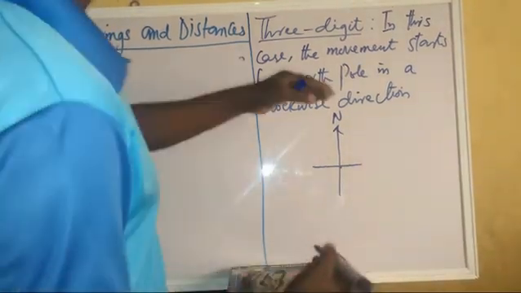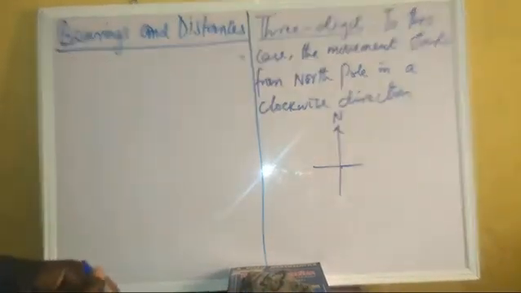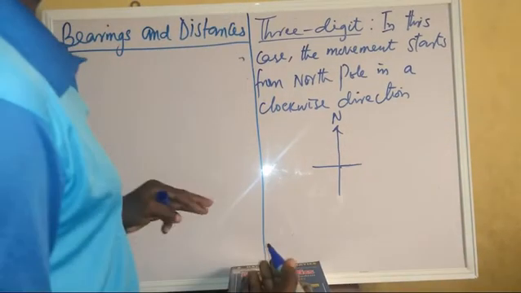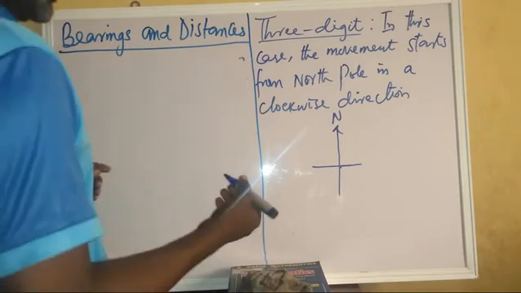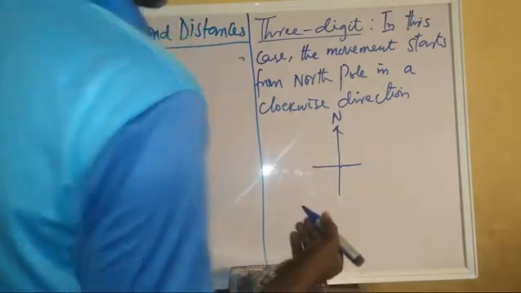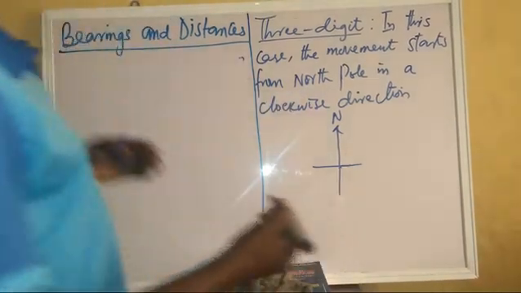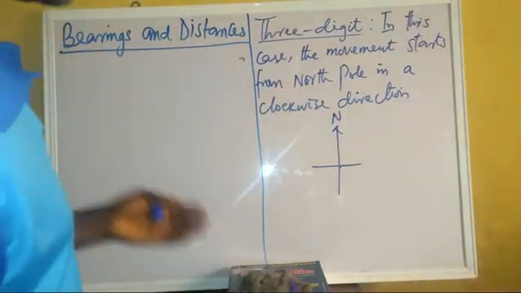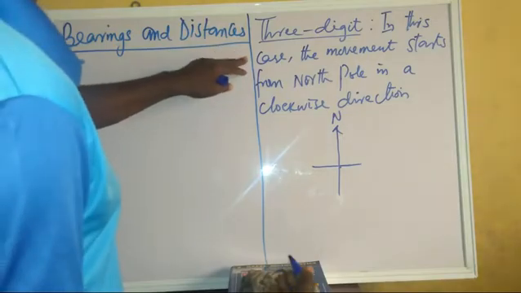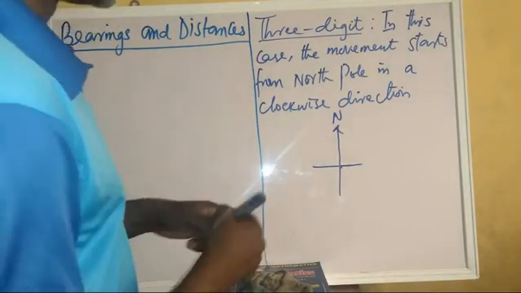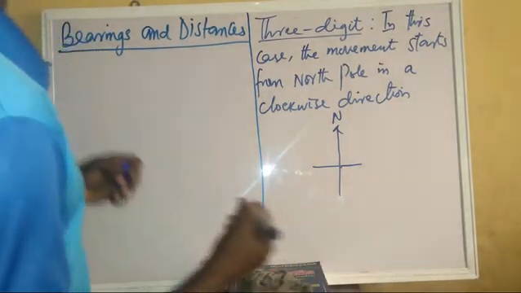Now it depends on the value of the angle given, but that angle must make up to three digits. For instance, let's say the angle between them is like 30. We write 030 degrees. But when you want to represent it on the diagram, you put angle 30 degrees.